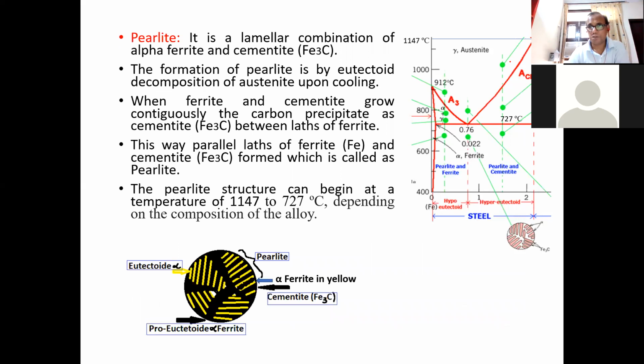You can see from here, this line is the upper critical temperature. Austenite may be up to 1147 at this side, or 727 at this side, the lower critical temperature. But there is a point where the lower critical temperature and upper critical temperature coincide. But 900 to 912 to 1147, right?